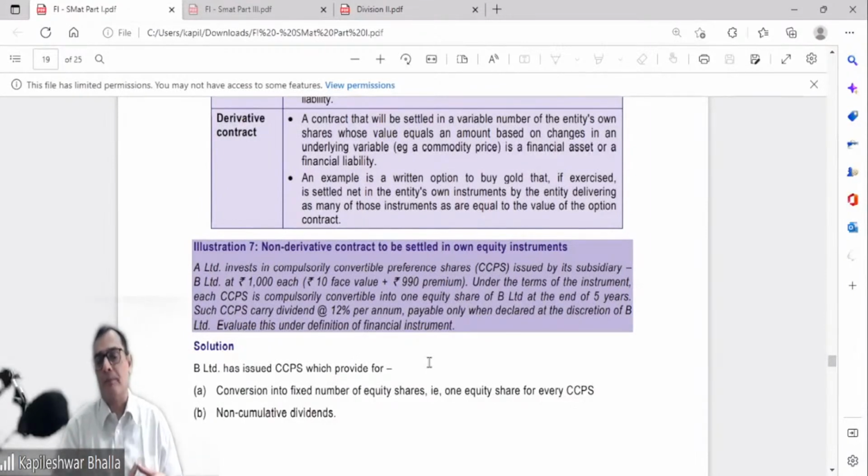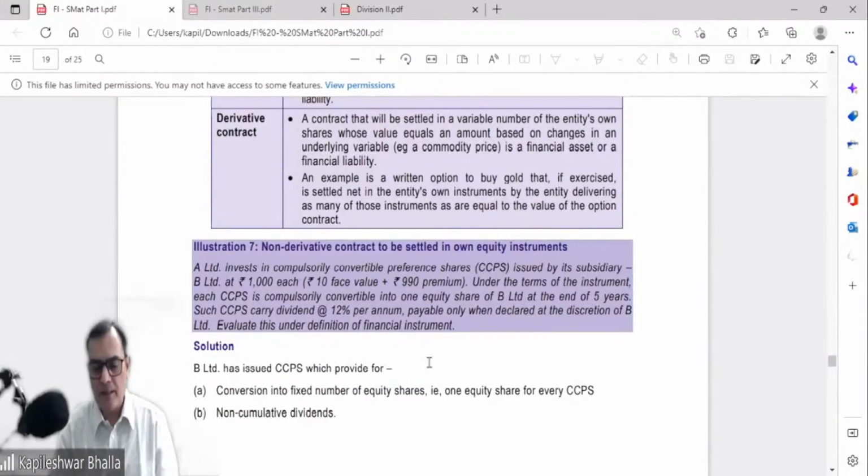If you go to the practical world, you'll hear terms like OCD, optionally convertible debenture. We hear terms like CCD, compulsory convertible debenture. So a very common kind of terminology. We've got CCPS, we've got CCD, then we've got OCPS, optionally convertible preference shares, and OCD.